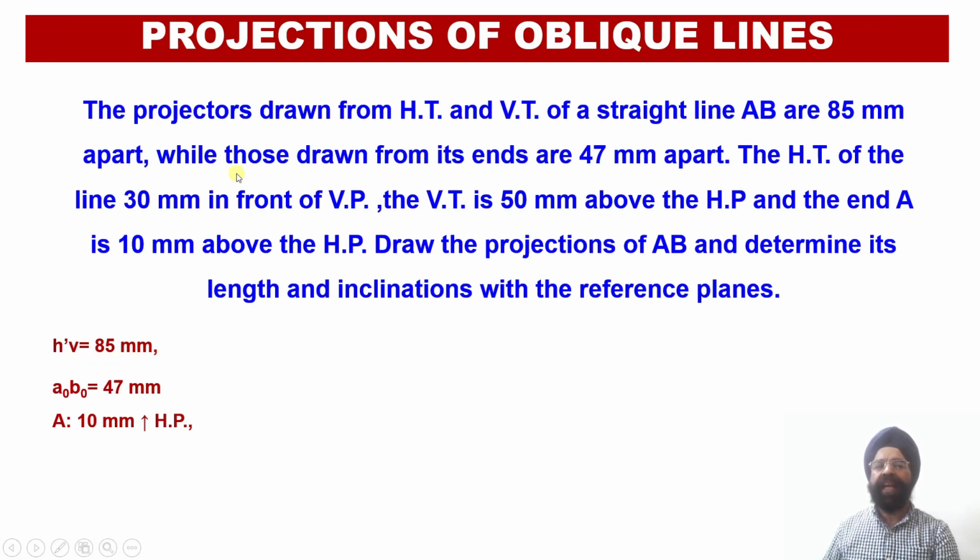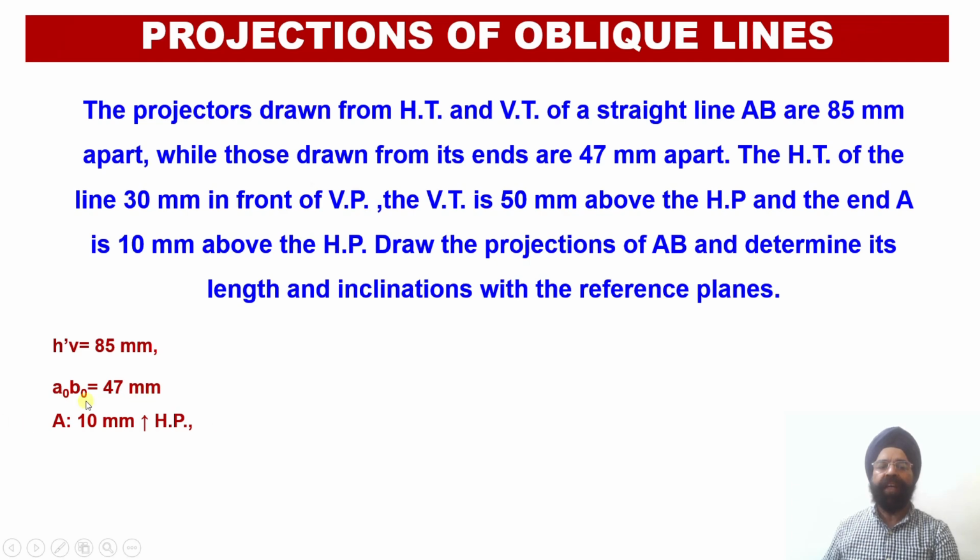Similarly, we have the projectors drawn through the end points of the line. The end points will be a', b' and a, b. Whenever we draw the vertical projectors through a', b' and a, b, those projectors are at a distance of 47 millimeter from each other measured along the XY reference line, and we can label these points A naught and B naught. A naught is the vertical projector which joins the points a' and a, and we know that a' and a fall on one vertical projector line.